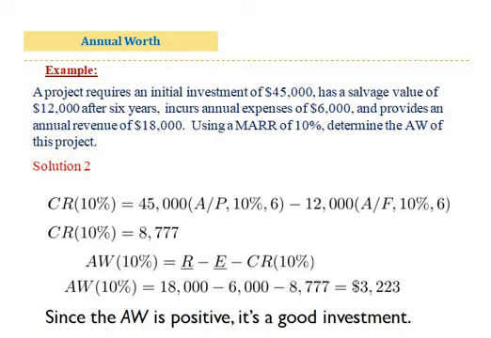You have an initial investment and you have a salvage value. How much did you recover at the end of the useful life of the project? This is the representation using the capital recovery. How much did I recover out of the capital that I have paid? So if I didn't ask for it, you can solve using solution 1 if you find that this is easier.